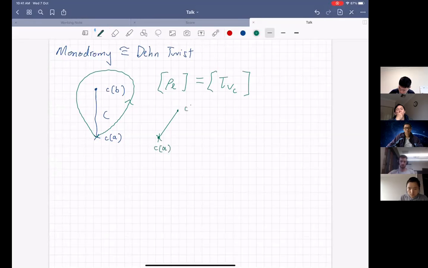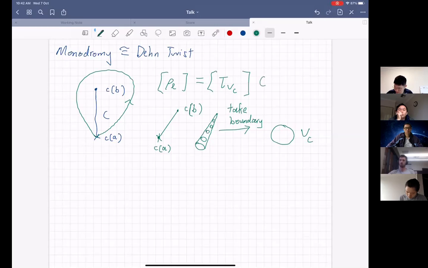From this path you can get all the vanishing cycles become a point at a singularity point, and then join them together and take the boundary of this. So this is V_c, and this is in the pi_0 of symplectic automorphisms of the fiber E_c.